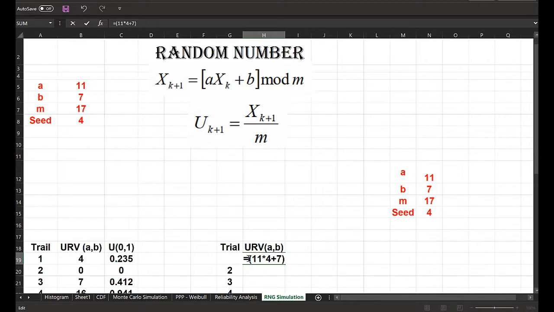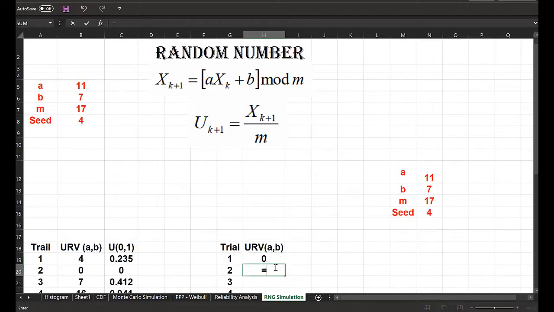In Excel we have a function to get the remainder. That function is called mod, and this function takes your number and divisor value. In this case the divisor value is 17. So this will give you the value of the random variable. In this case this value comes out to be 0.